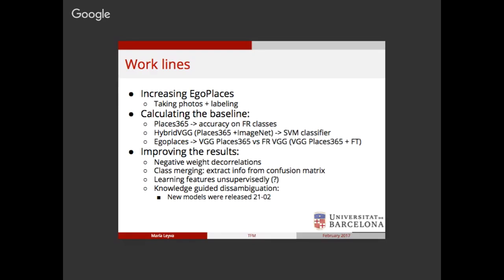Now I am focused on negative weight decorrelation, that is trying to force the network to learn weight vectors that are orthogonal among them, so that each hidden unit learns the biggest amount of information and there aren't redundancies.